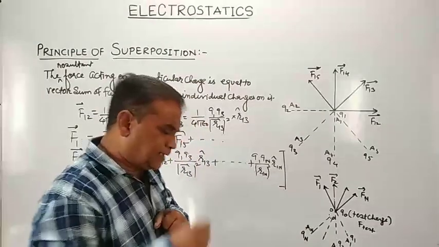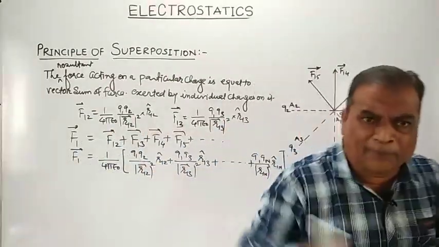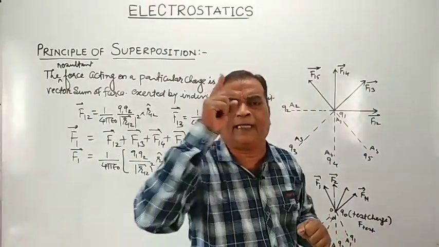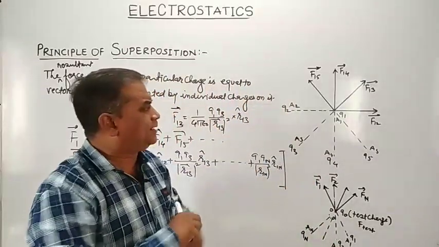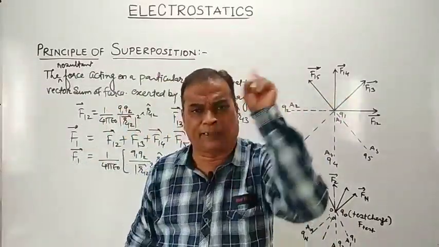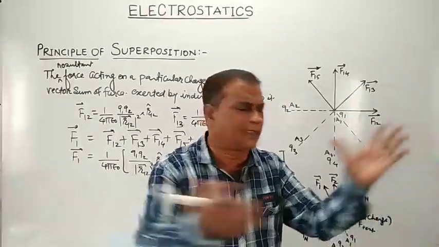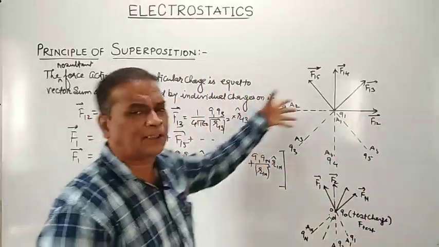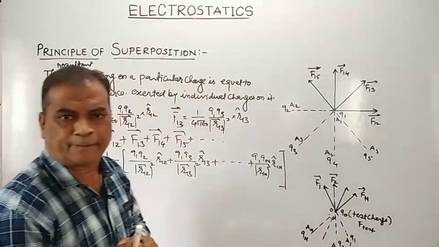So remember, what is the principle of superposition? When many charges are interacting and you want the resultant force on one particular charge, it is equal to the vector sum of the forces exerted by the individual charges.